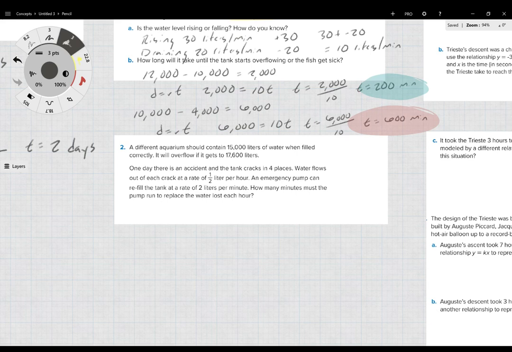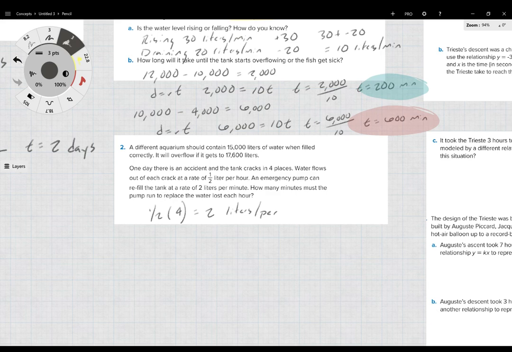All right, so first we need to figure out how much it drains in the 4 places. All right, so 1/2 represents how much it drains for each crack. And there's 4 cracks. So 1/2 multiplied by 4 is 2 liters per hour. Right?